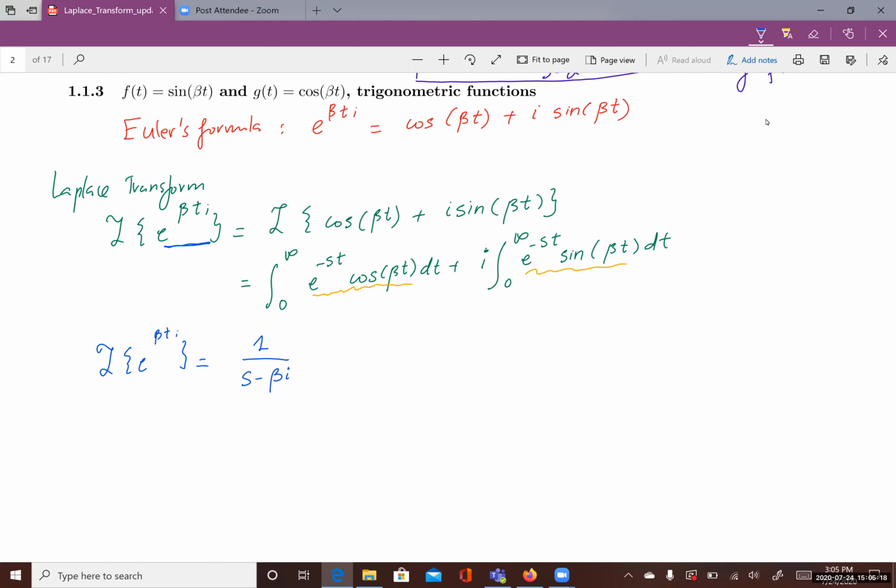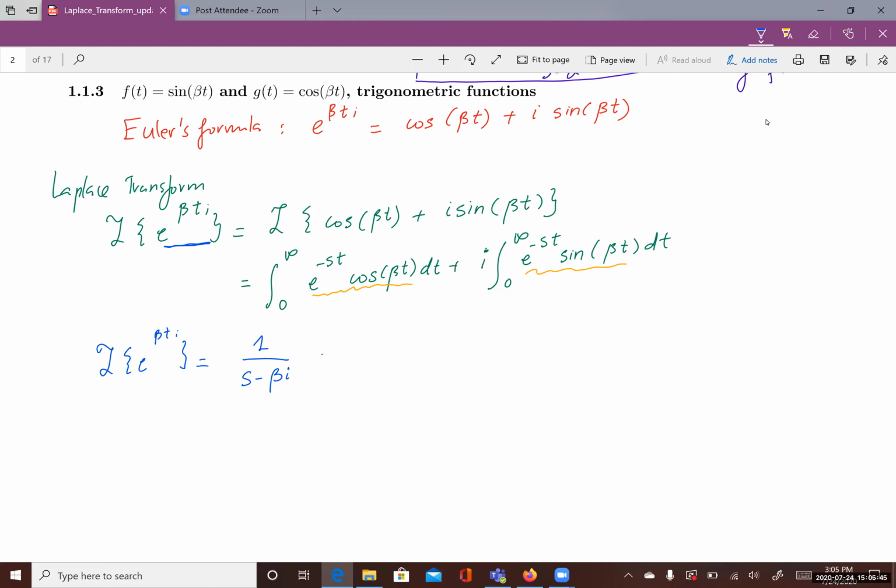So I know that the transform of e to the beta t i is 1 over s minus beta i. And the question is, how can we deal with the complex i, the imaginary part? So we have to find the real and the imaginary part of 1 over s minus beta i. In order to deal with this, we use a complex conjugate.